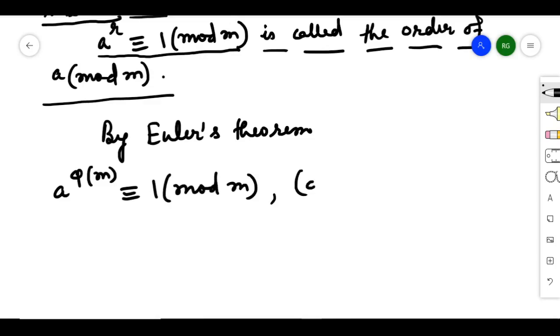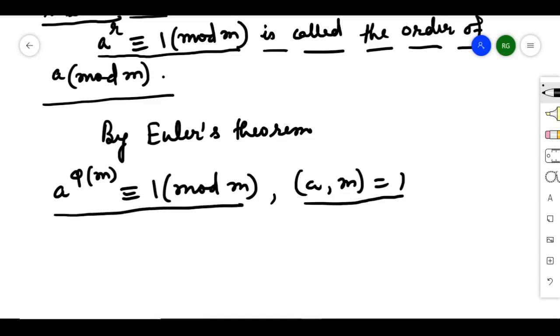So the meaning is that when a and m are relatively prime, I have phi m as the power on a, so that a to the power phi m is congruent to 1 mod m. This means a to the power r congruent to 1 mod m is satisfied, in which r is phi m. So I can say that when a and m are relatively prime, the order of a mod m always exists.